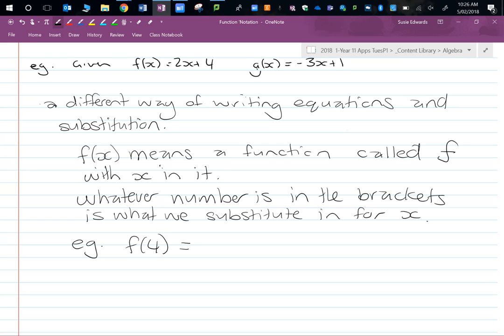Which one has f in it at the top? The first one, okay? So 2x plus 4 is what f is. That function we've labelled f, is 2x plus 4. So instead of x, we're going to put in 4. So all we have to do is write 2 bracket 4 plus 4. It's just substituting in, instead of x, we're substituting in 4. Does that make sense? Yeah?